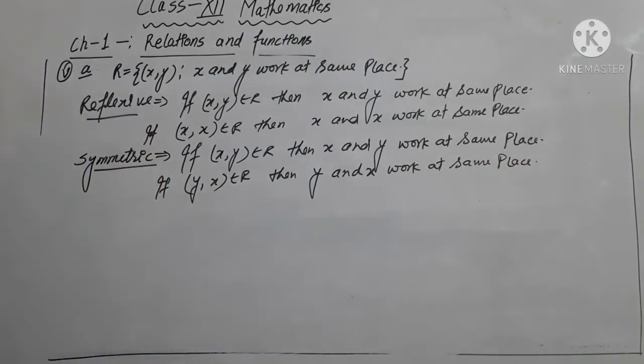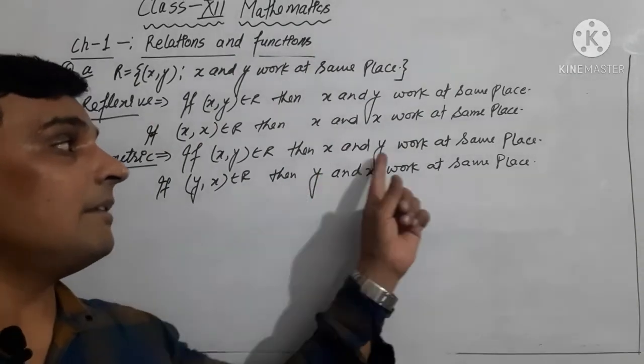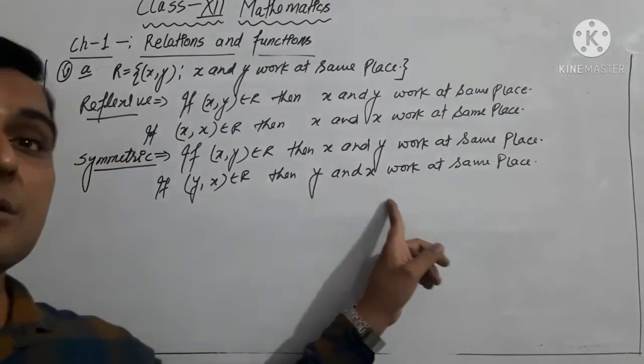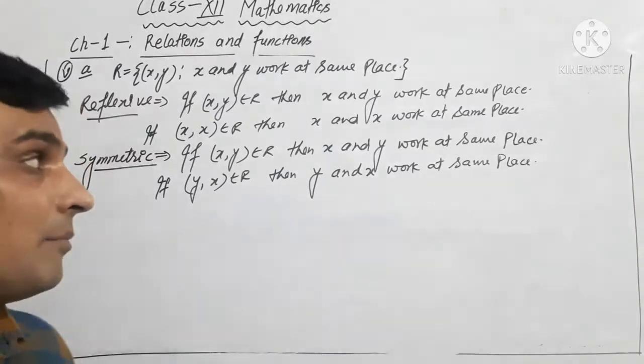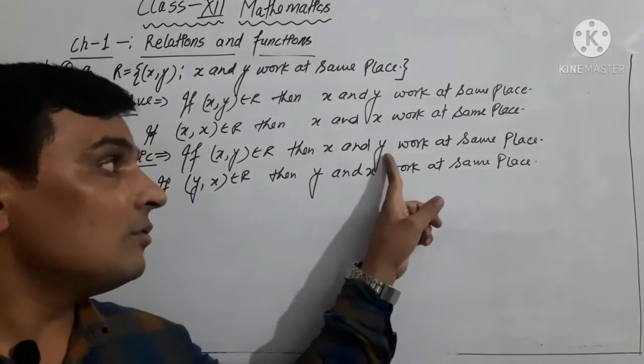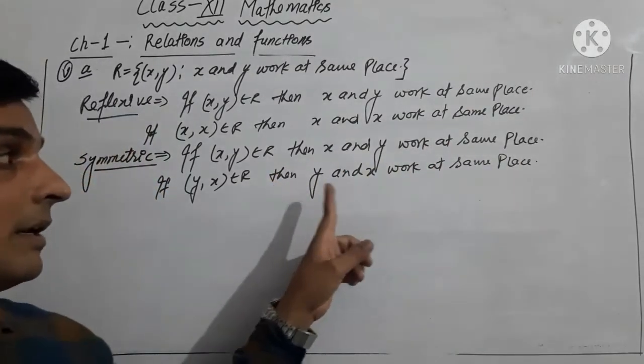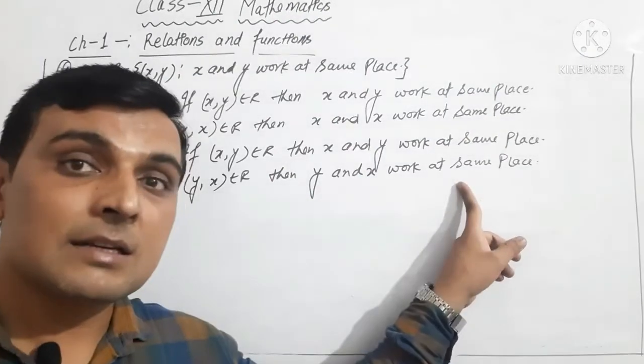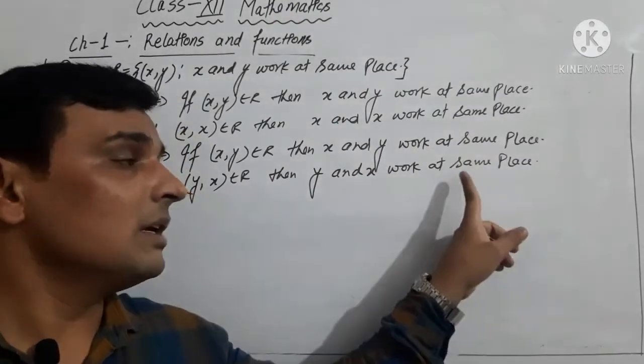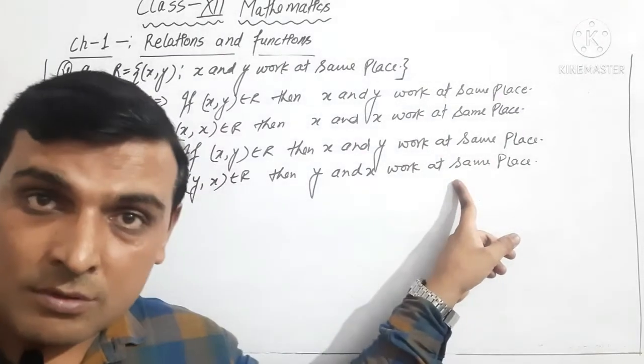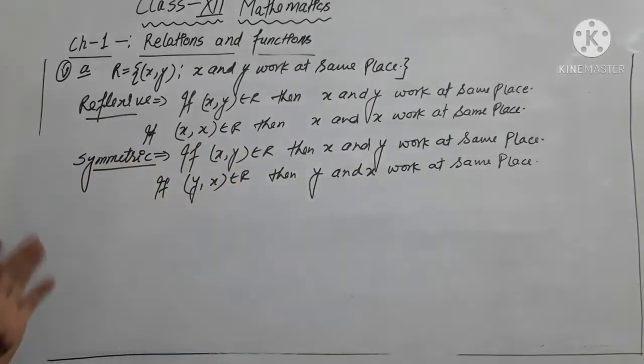This is also true. If x and y work at same place, then y and x will work at same place. For example, if Ravi and Raju work at same place, then Raju and Ravi will also work at same place. If this condition is true, then this condition is also true. So the relation will be symmetric.